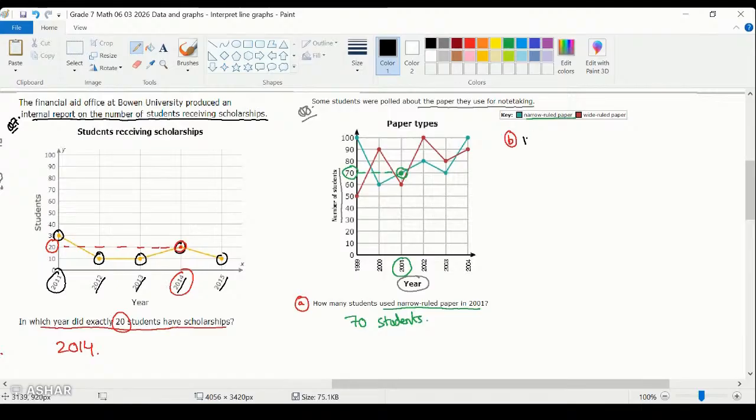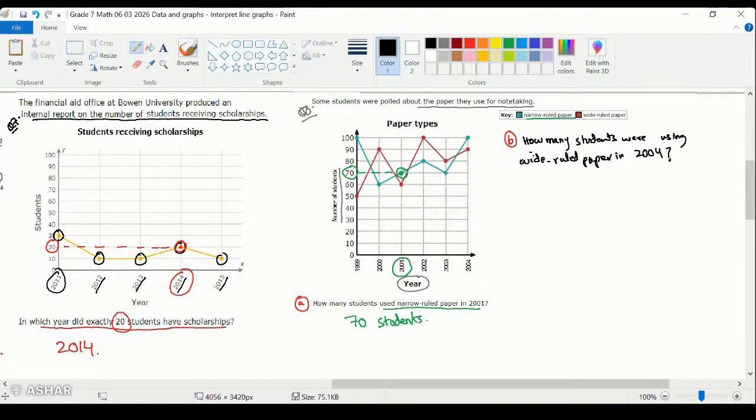How many students were using wide ruled paper in, let's suppose, year 2004?